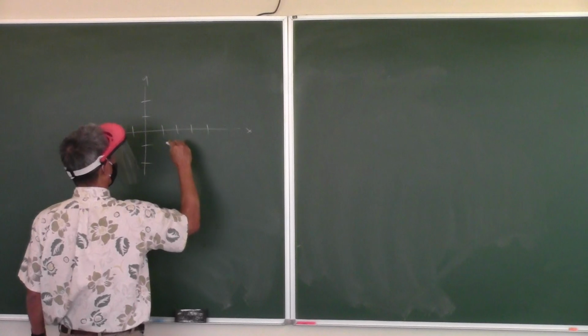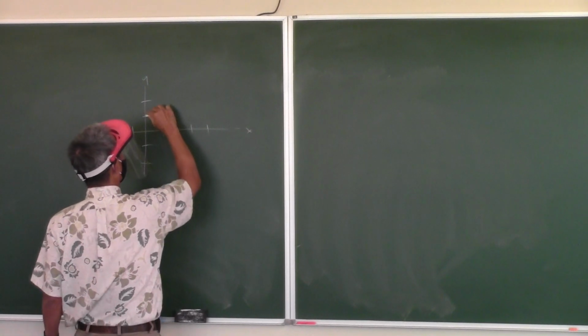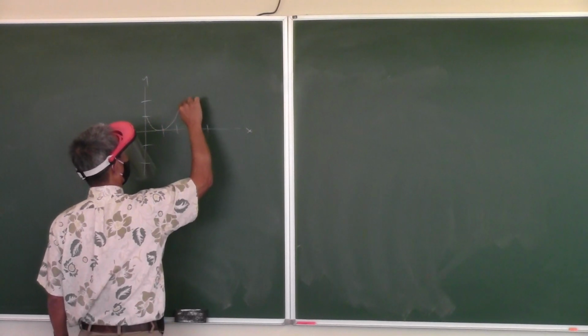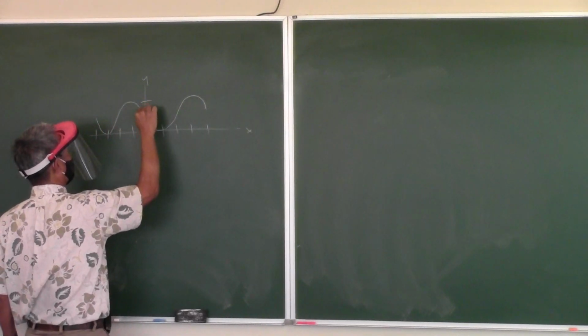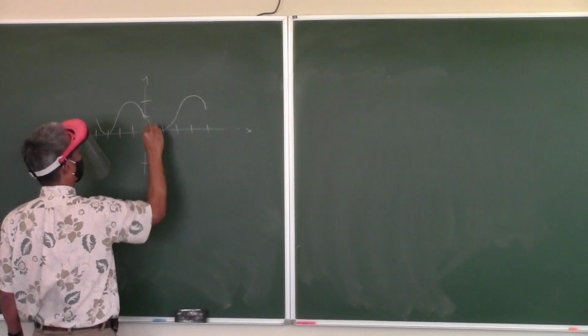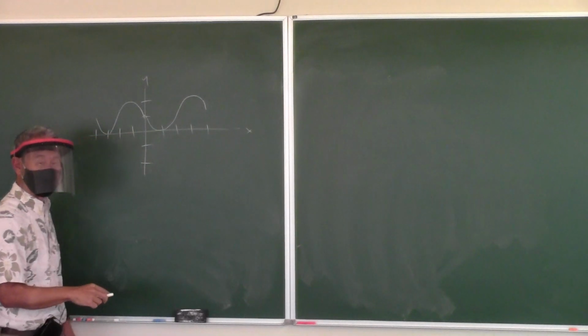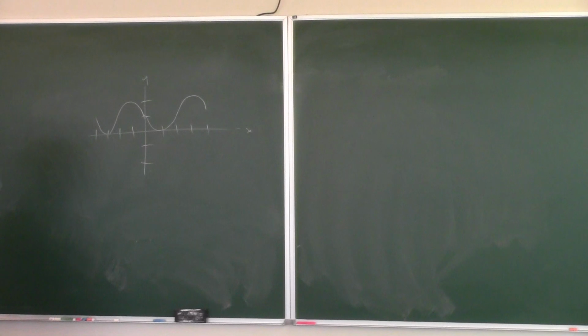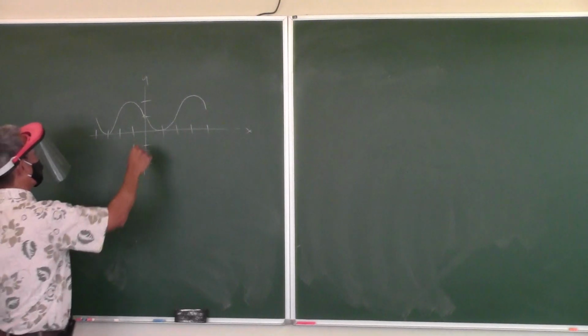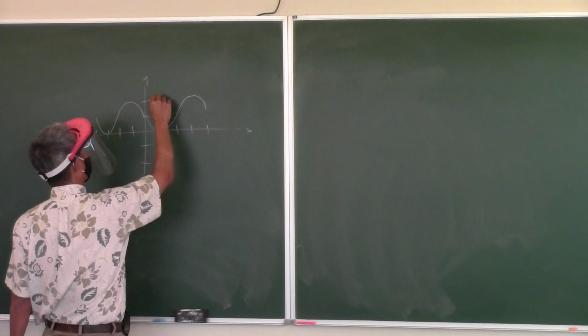Don't worry, it's gonna be nicely drawn. I made it on my calculator, so it's not gonna be hand drawn like this. Okay, so gotta look at the scaling now.